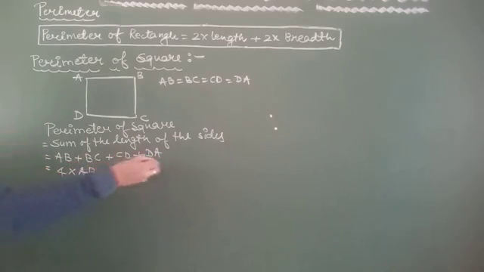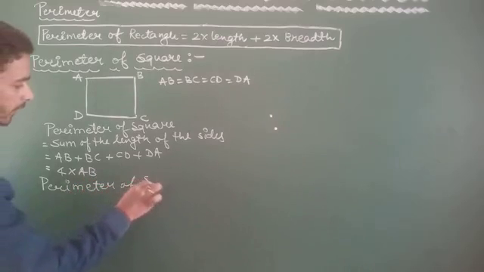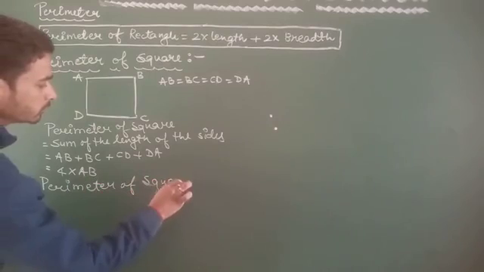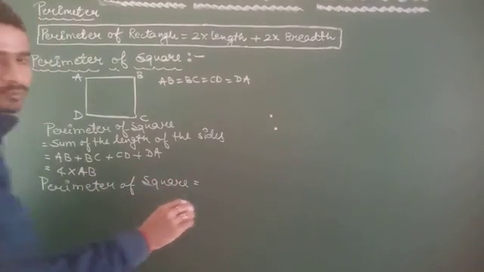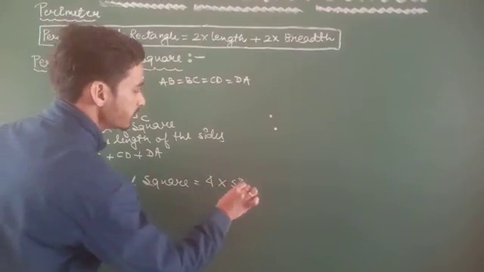So 1, 2, 3, 4, 4 times AB. So the perimeter of a square is equal to 4 times the side length.